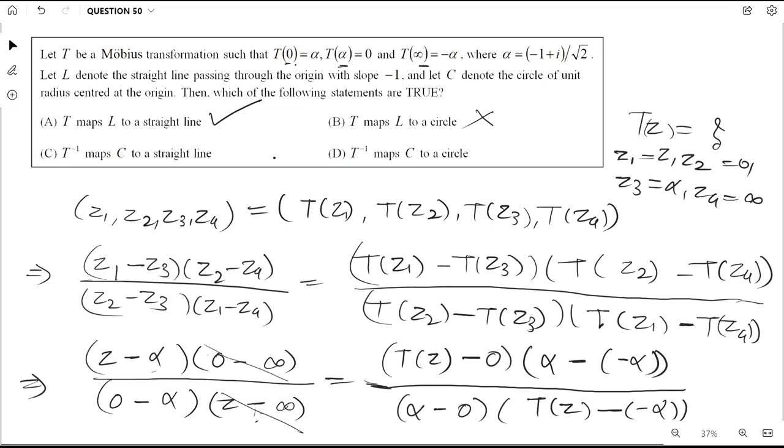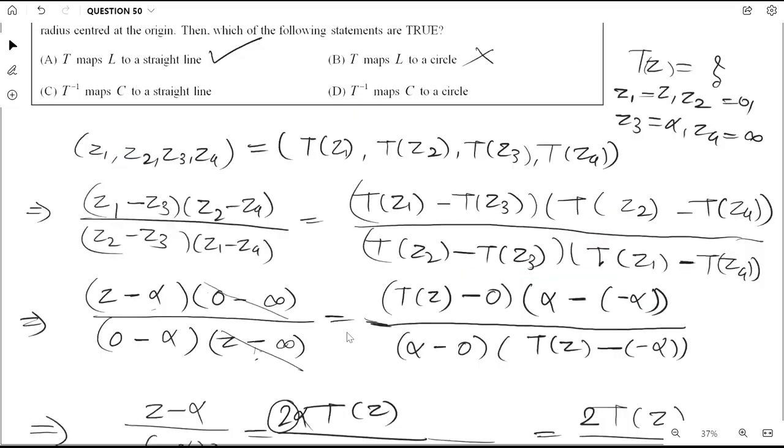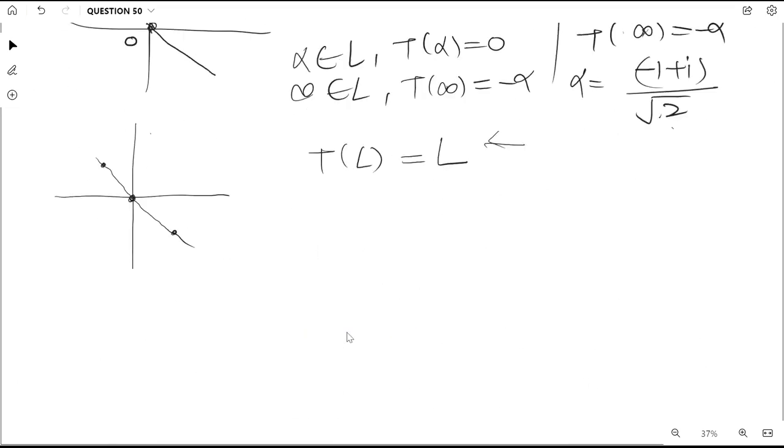Now we just have to find out the image of C under T inverse, right? Okay. Now C is a unit circle centered at origin, right? So C is the set of z such that modulus of z is equal to 1, right?